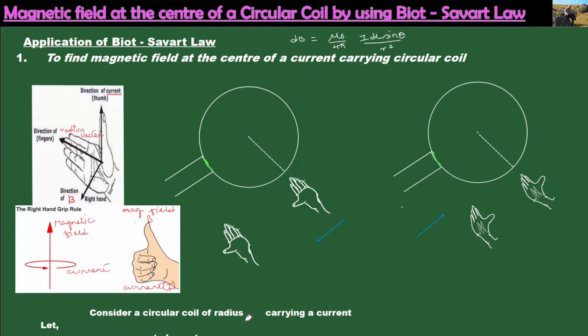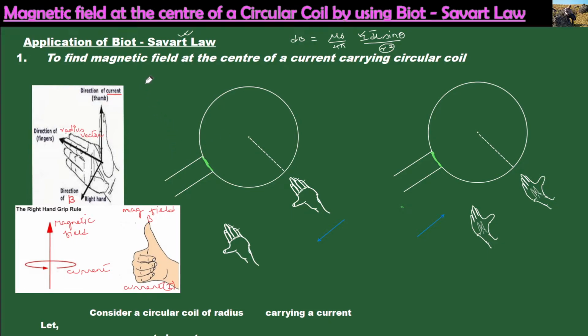So, to reiterate and recall our previous idea about Biot-Savart's law, this dB is directly proportional to the current element I dl and inversely proportional to the square of the distance between the current element and the observation point.